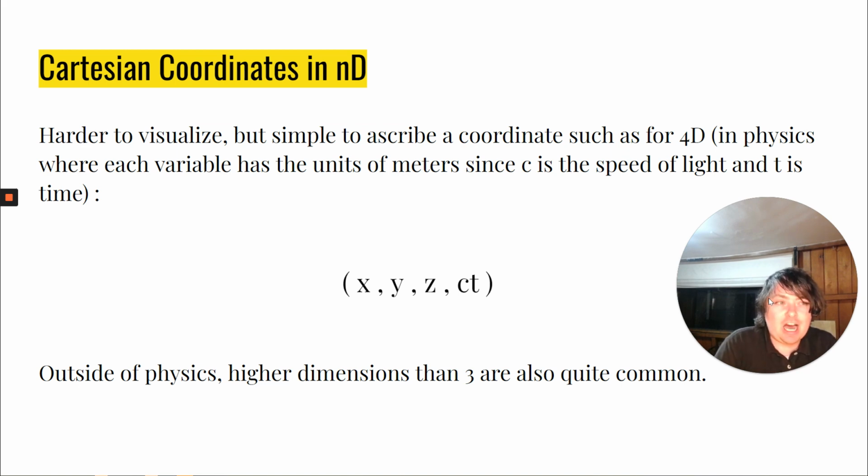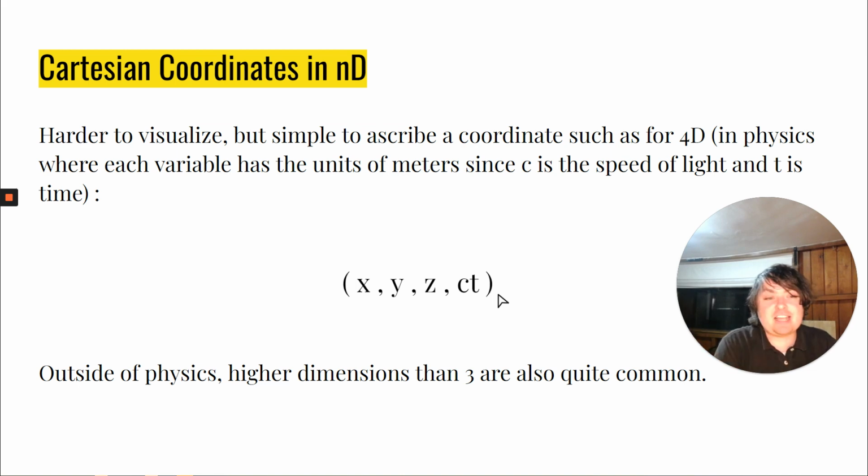One that's very common in physics is the fourth dimension, where we have x, y, and z, and we include time as the fourth dimension. We multiply it by the speed of light to give us the same units, since normally this is in position space, so everything would be in meters. So the speed of light times time would give us units of meters.